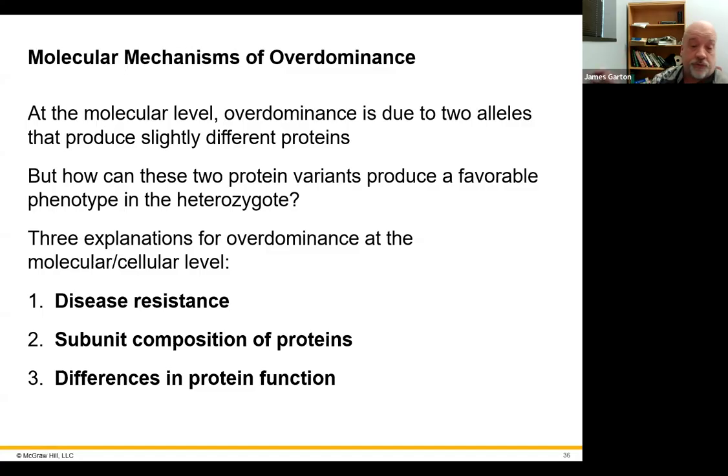One is increased disease resistance. One is the composition of the proteins that they make. And one is because these proteins exist in dimers or tetramers or something. These slightly different versions of the protein can cause different functions in the dimer or the tetramer or the functional level of the protein.